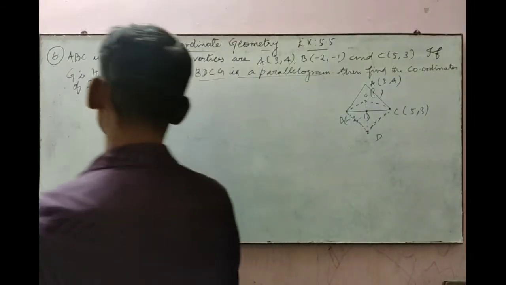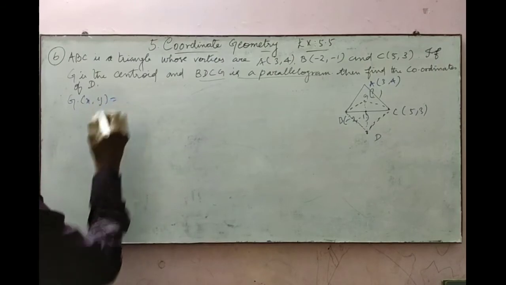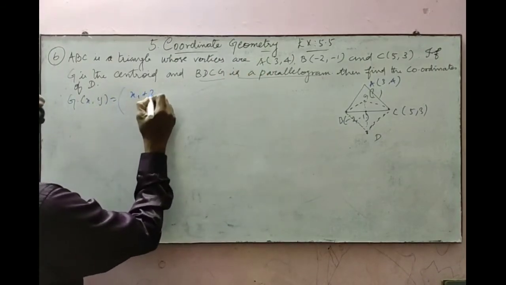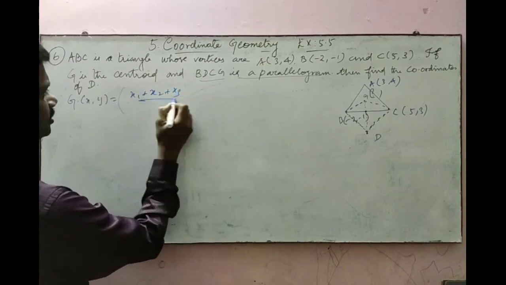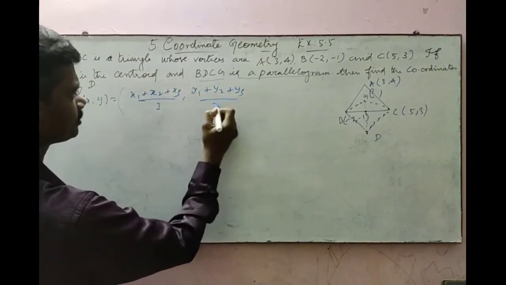So first I am going to find the centroid G. G of x, y is equal to, the formula is x1 plus x2 plus x3 by 3, y1 plus y2 plus y3 by 3.